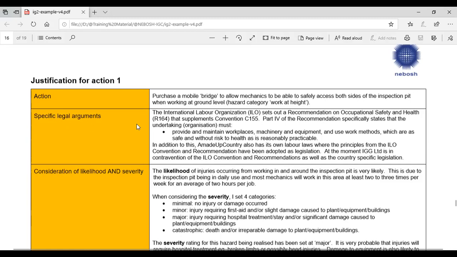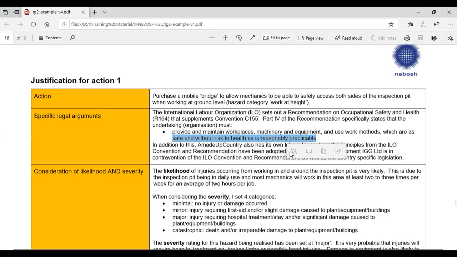Specific legal argument as per ILO R164 recommendation or convention C155 part 4 is saying the recommendation specifically states that the undertaking organization must provide and maintain workplaces, machinery and equipment, the use of work methods, and safe work without risk to health as far as is reasonably practicable.